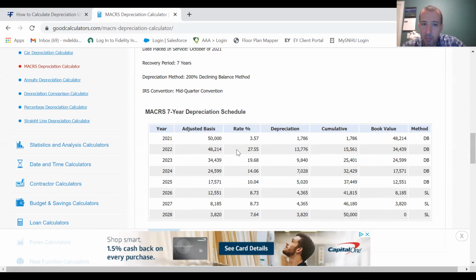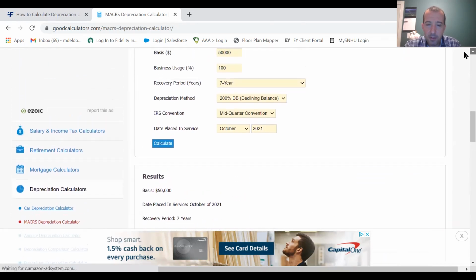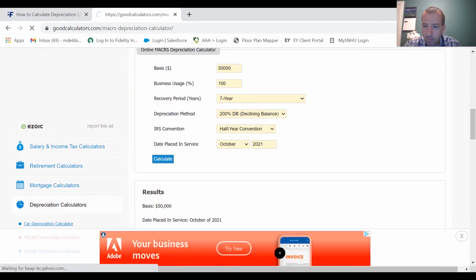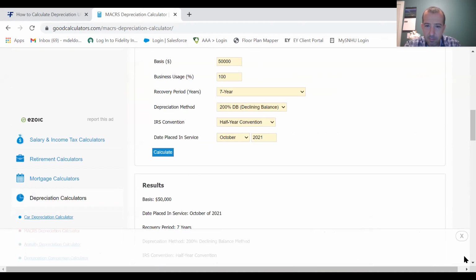This is because we're on the mid-quarter convention, and the rule is that for personal property, so anything not real estate, if more than 40% of its value is purchased in the last quarter of the calendar year, so October, November, December, then we need to switch from the half-year convention, right?